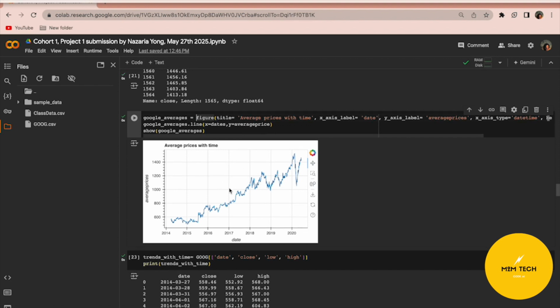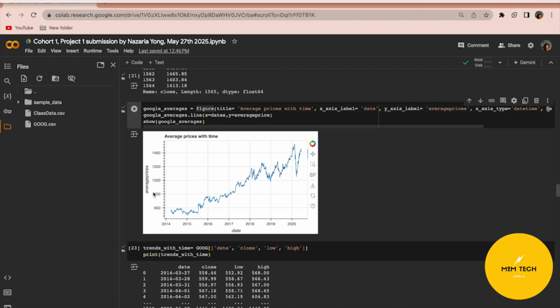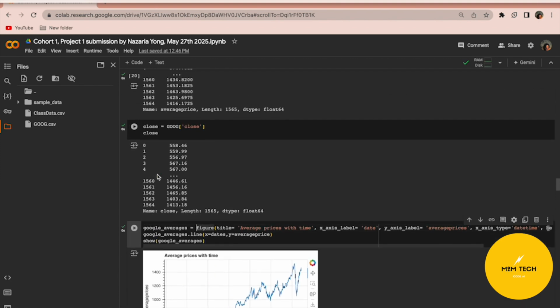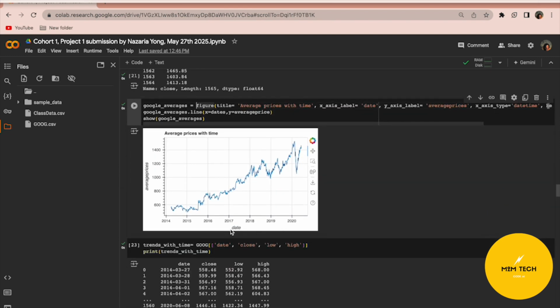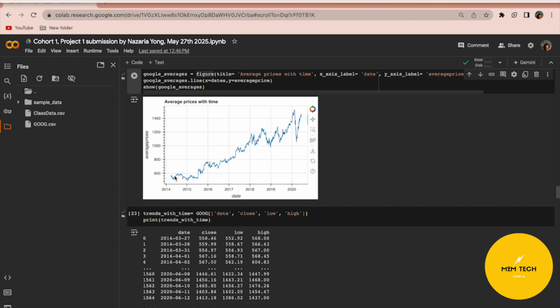And here is the time series figure that I obtained. So the y-axis has the average prices and the x-axis has the date. And you can see that starting from 2014 up to 2020, the average prices have been increasing. And the increase is not steady.